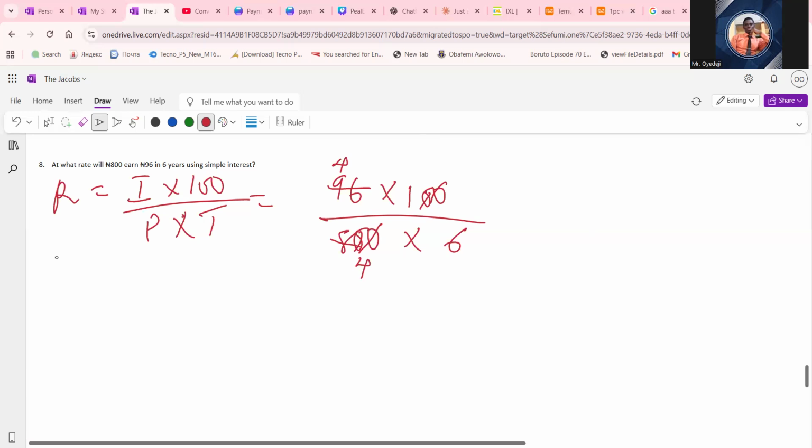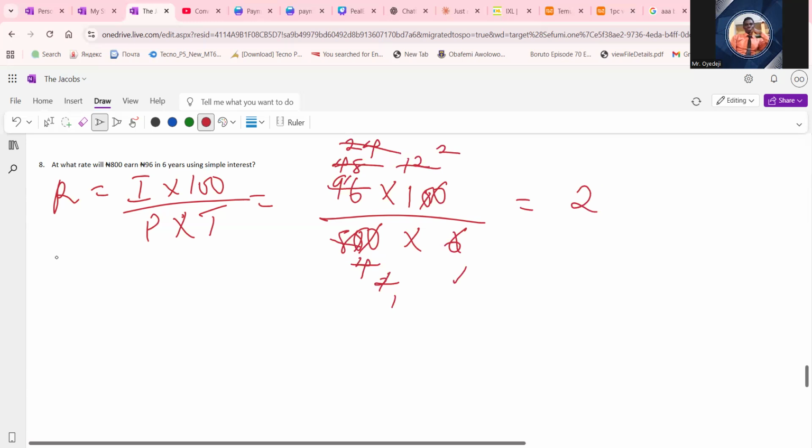Remainder 1 in 16 is 8. 2 here, 2. 2 here, 2 in 4 is 2. 2 in 8 is 4. 2 here, 1. 2 in 2 is 1. 2 in 4 is 2. 6 here, 1. That should be straightforward. 6 here, 2. So answer is 2. Oh, not years. It's 2%.